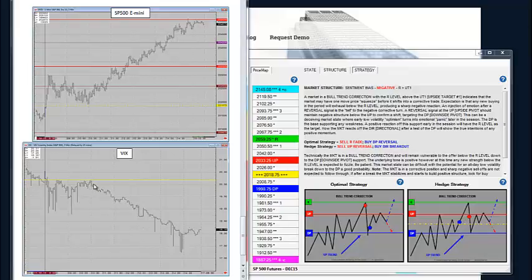The VIX is just a real steady decline all day long, triggered by this strategy here, buy DR breakout. The event to the downside was over. We had the confirmation. The market wanted to go higher when it got above the CR plus, and it played out in volatility as well.